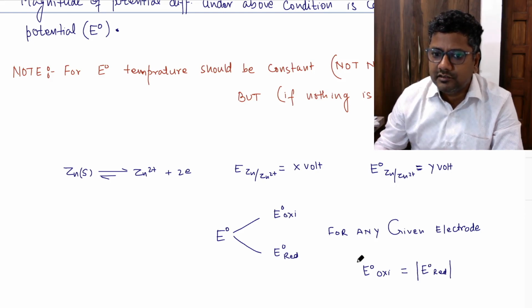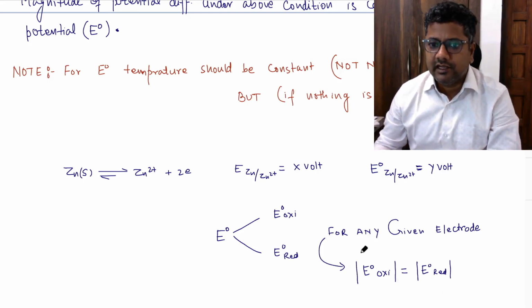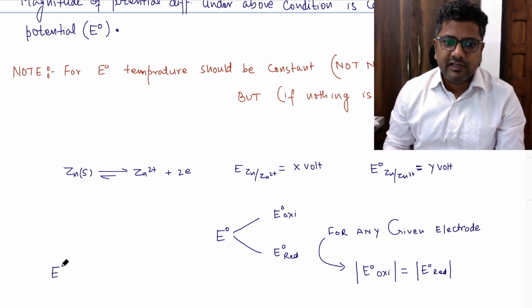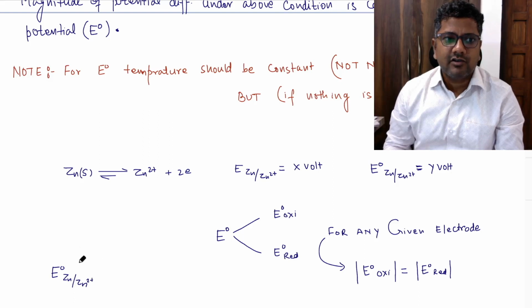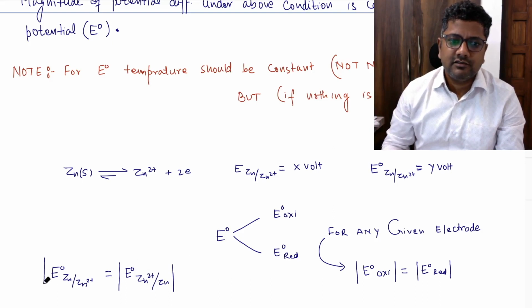Magnitude, right? This is always true for any given electrode. It means E naught of Zn2+ oxidation potential is equal to the E naught of Zn2+/Zn, right?